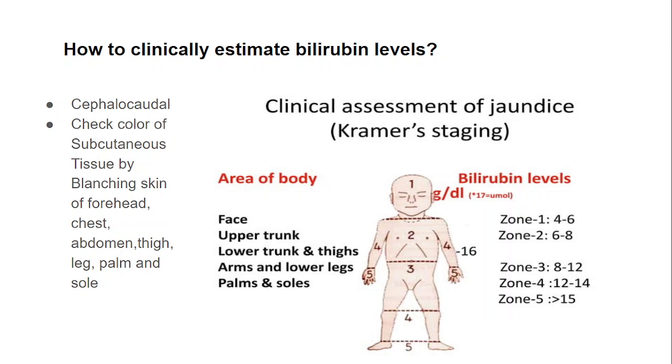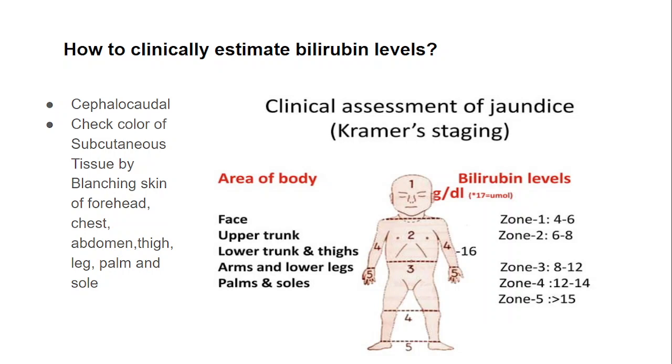Zone 2 contains the chest area, and the bilirubin levels are between 6 to 8 mg per deciliter. Zone 3 contains the lower abdomen and thigh region, and the bilirubin levels are usually estimated approximately between 8 to 12 mg per deciliter.